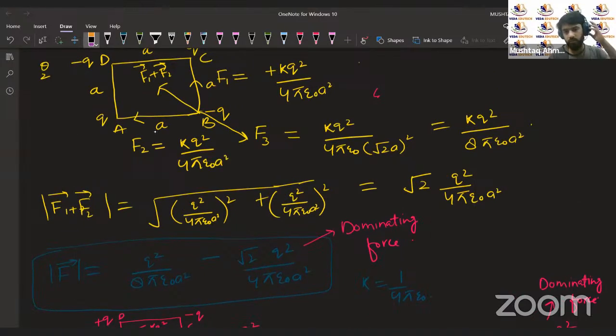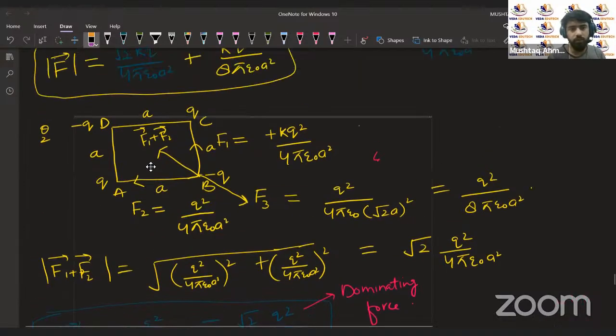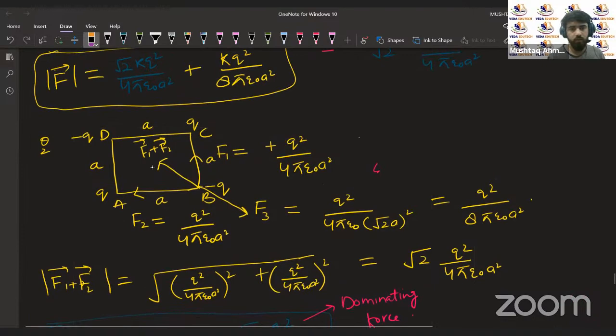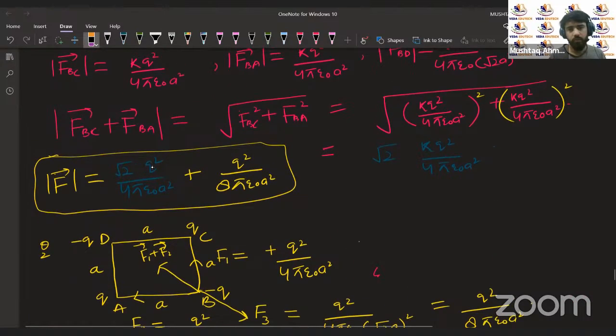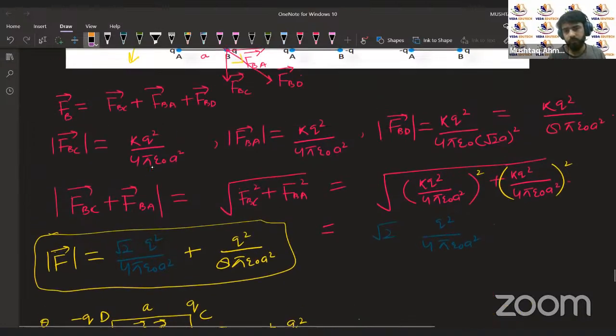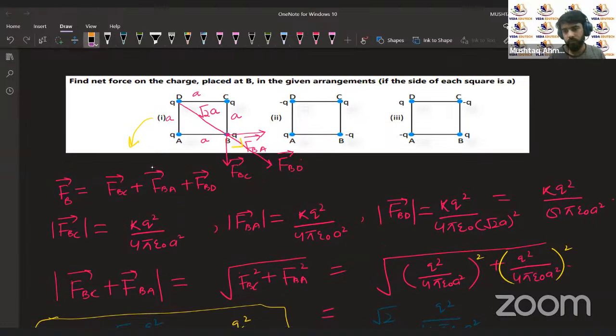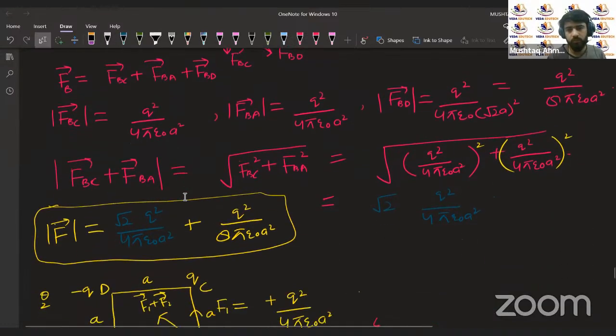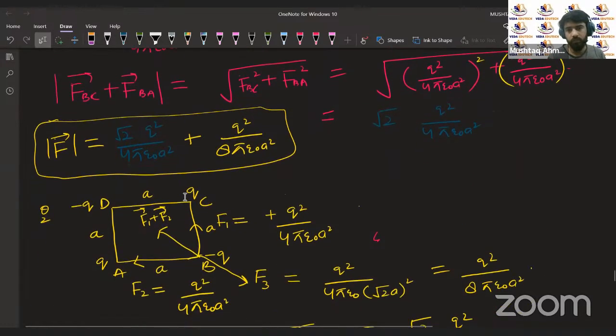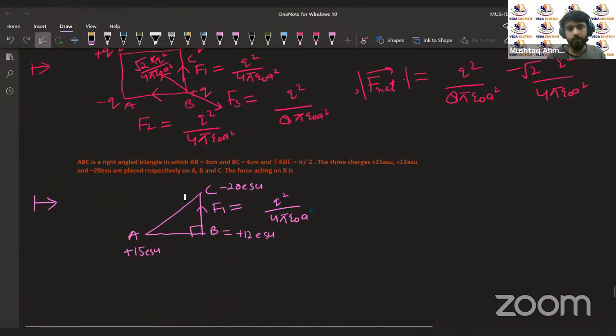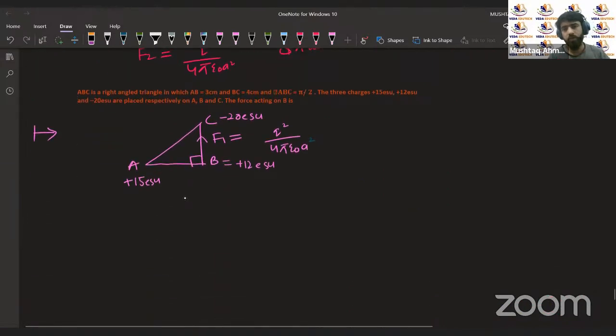Or we can say that the value of k here is 1. The force here will be Q square upon 4 pi epsilon naught A square.